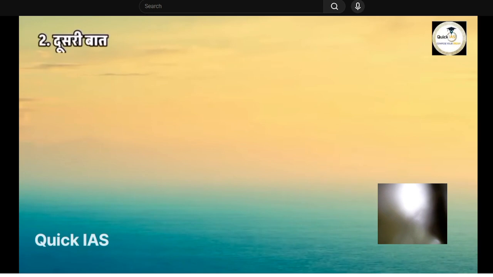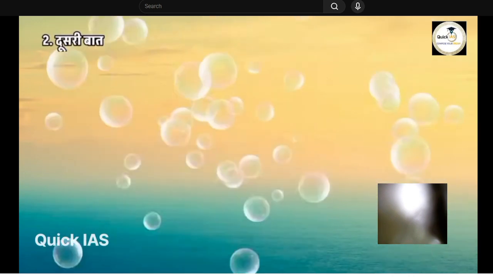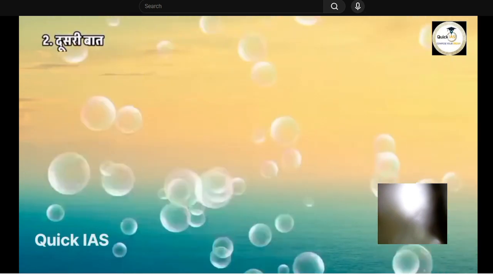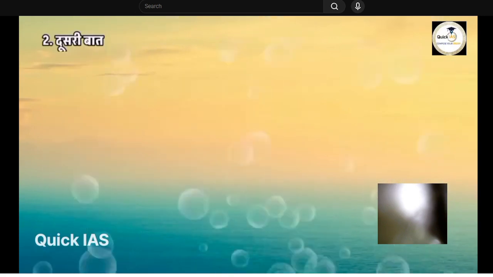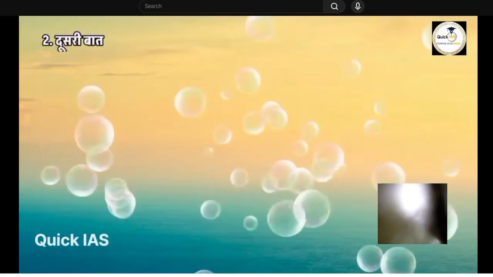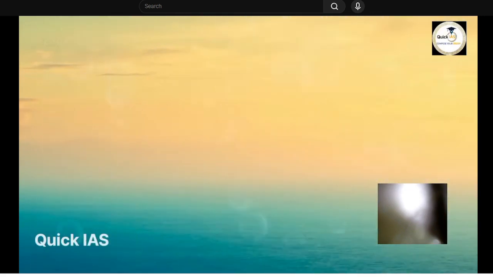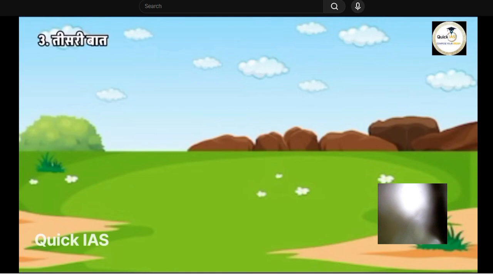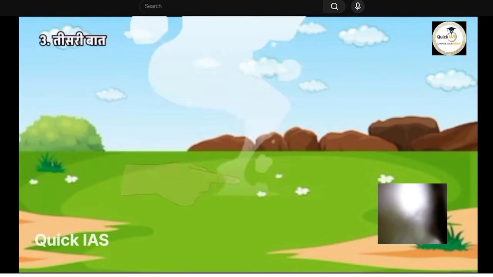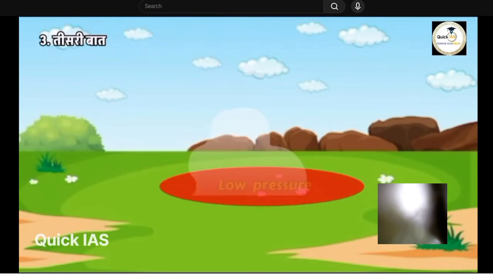Second, when air heats up, it becomes lighter and rises, while cold air becomes heavier and descends. Third, in areas with high temperatures, the air becomes warmer and rises, creating a low-pressure zone.